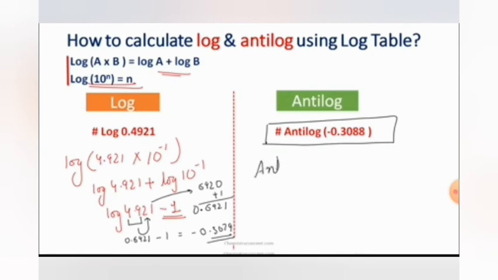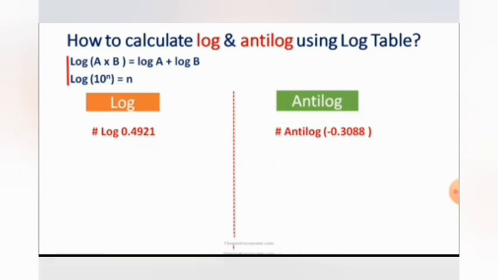We cannot take the antilog of a negative value. Therefore, here is one simple trick: we can convert the number to a positive value. Therefore, antilog of minus 0.3088 can be written as antilog of minus 0.3088 plus 1 minus 1.